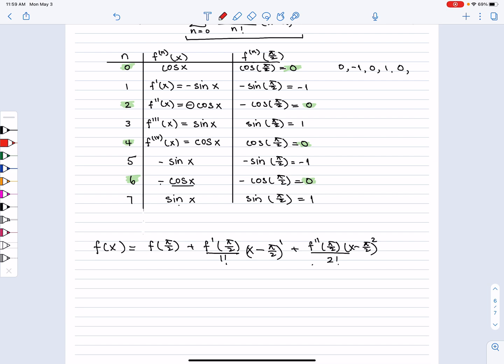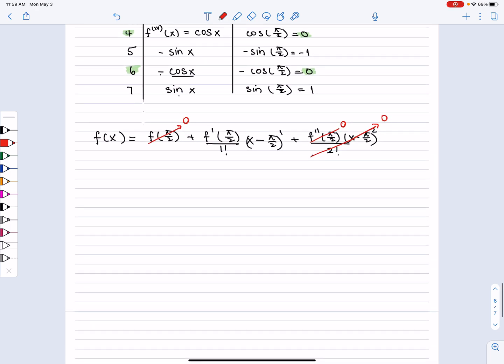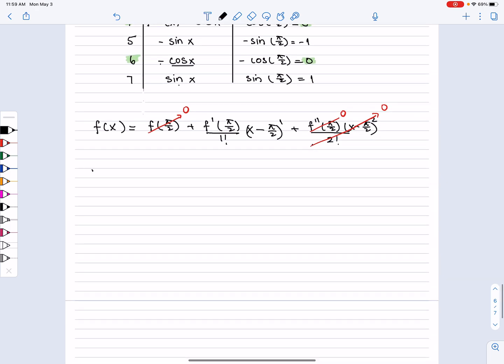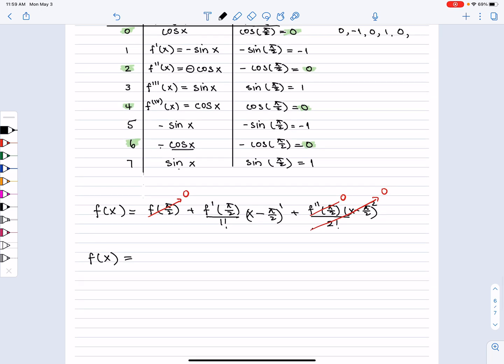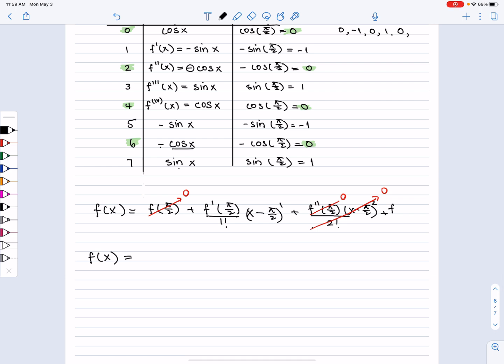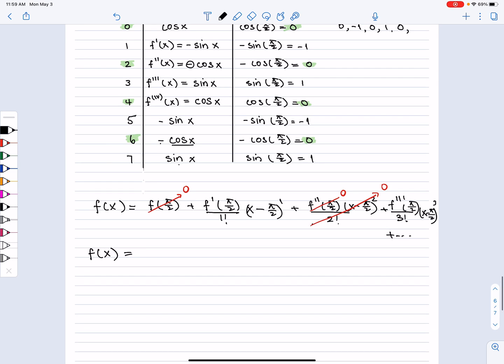So if we go back, this right here will be 0. F double prime at pi over 2, that will be 0. So this entire term will be 0. And we can say that f of x is going to be equal to, let me write one more, our third derivative at pi over 2 over 3 factorial, and then x minus pi over 2 to the third power. And then the idea will continue.